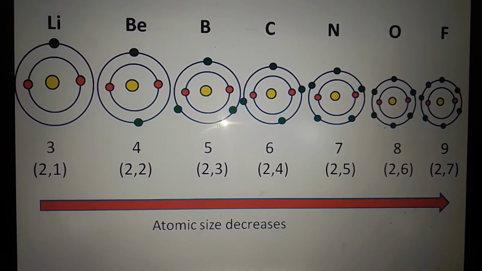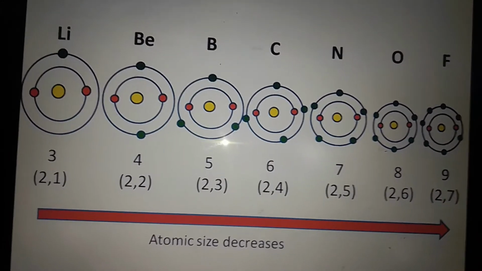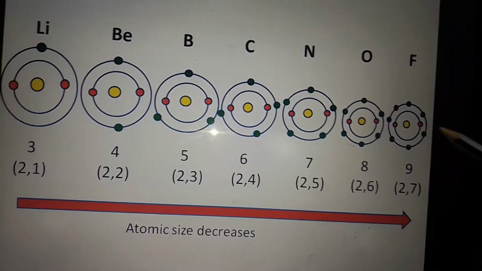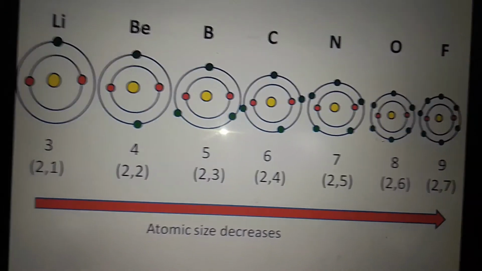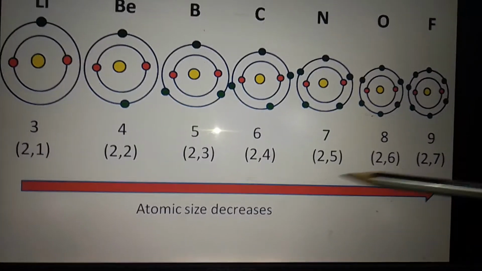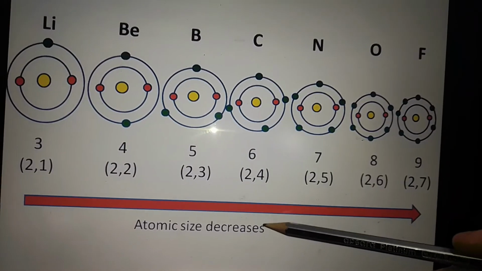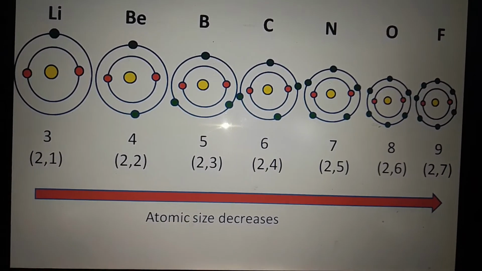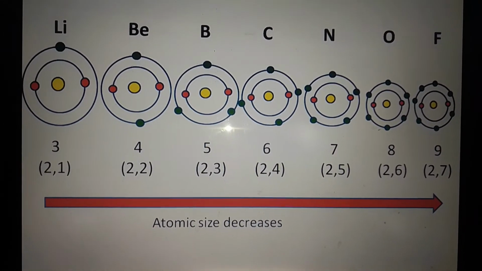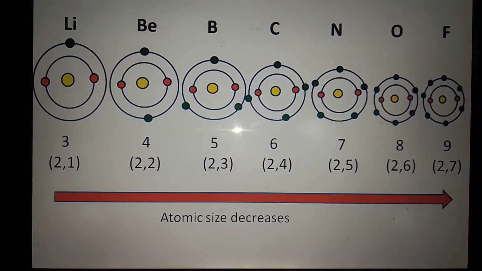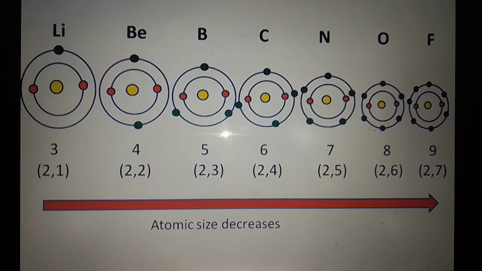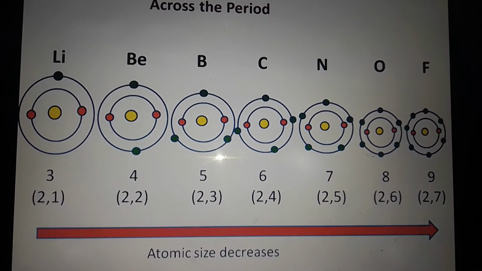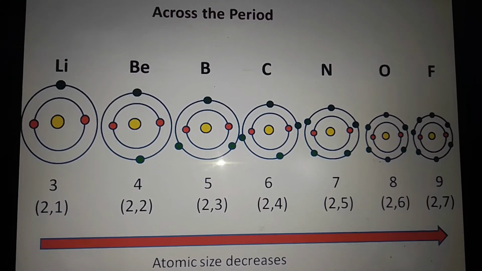We see clearly in this diagram that the size of lithium is more as compared to fluorine. So as we go across the period, atomic size decreases. This is the periodic trend of atomic size or atomic radius in the period.